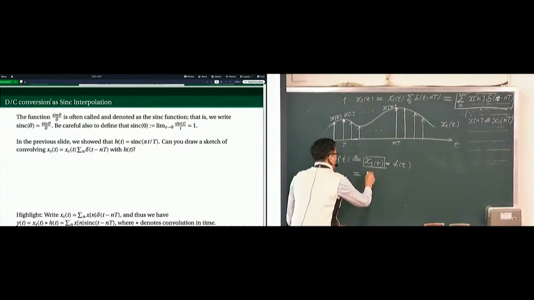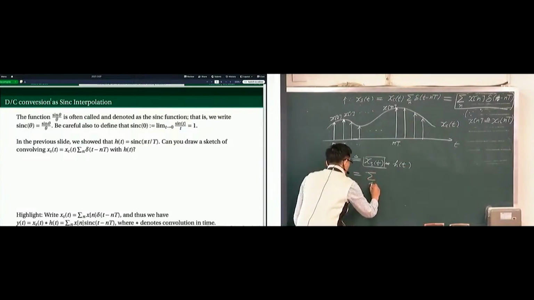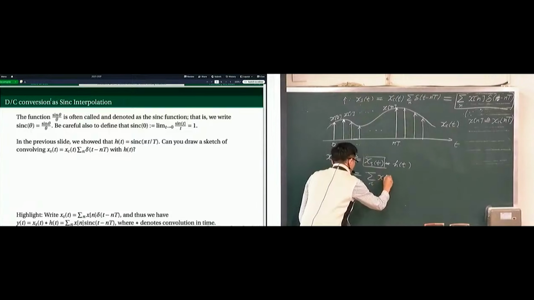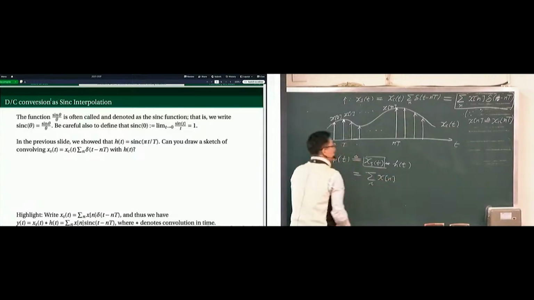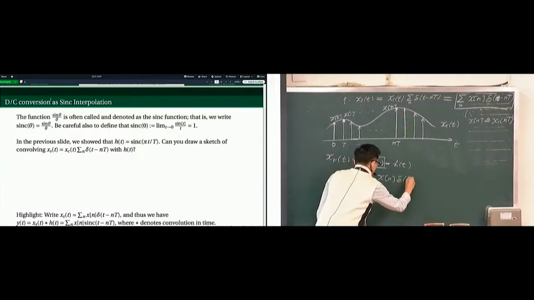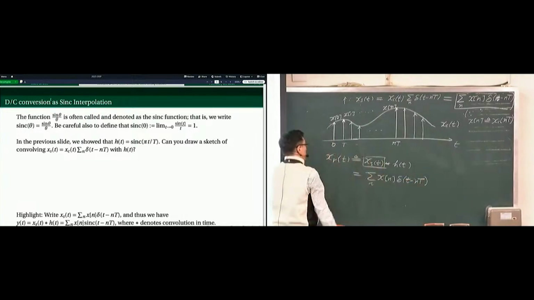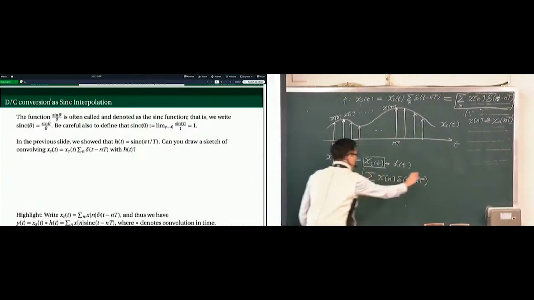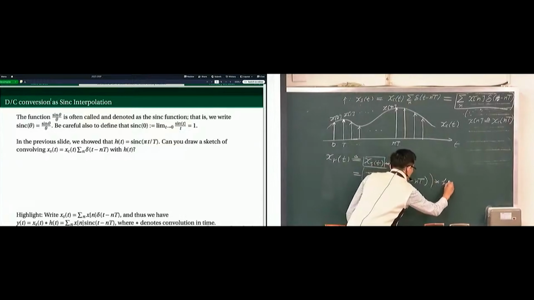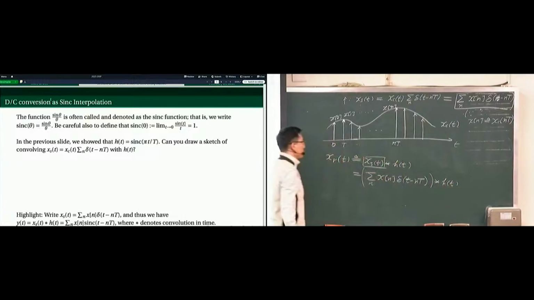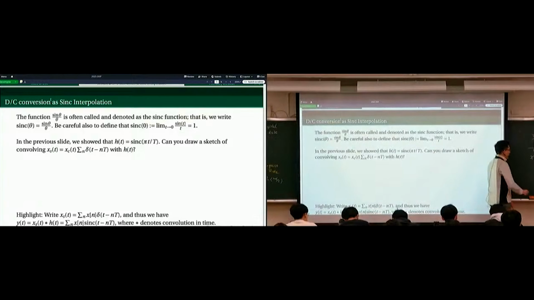Substitute. Summation over n, x bracket n, delta of t, continuous time, t minus n times the sampling period. We're going to convolve this with h of t. And next, let's put h of t inside.